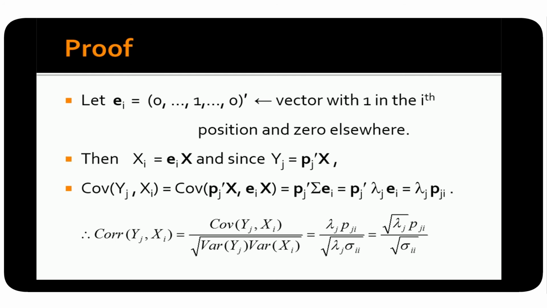So, the correlation between yj and xi is the covariance of yj and xi divided by square root of variance of yj into square root of variance of xi, and that is given by lambda j into p_ji divided by square root of lambda j square root of sigma ii, and that leads us to the correlation.